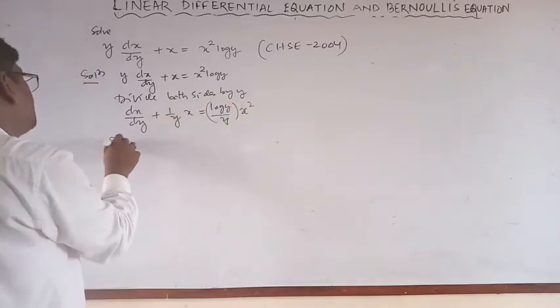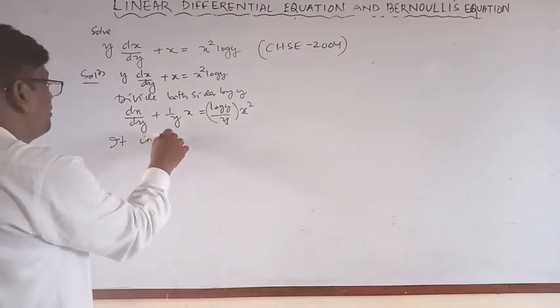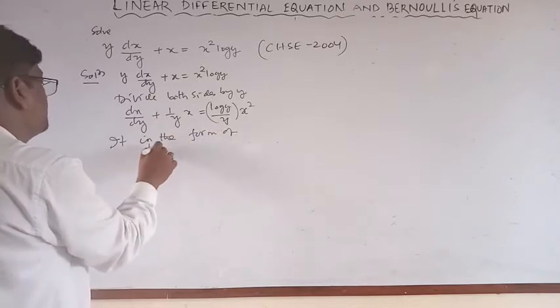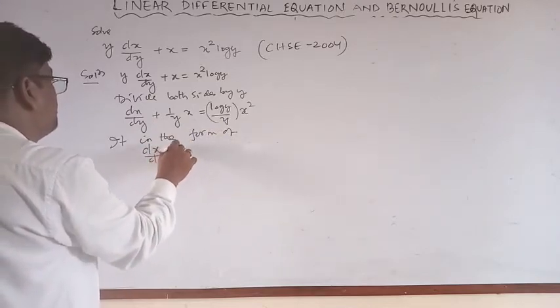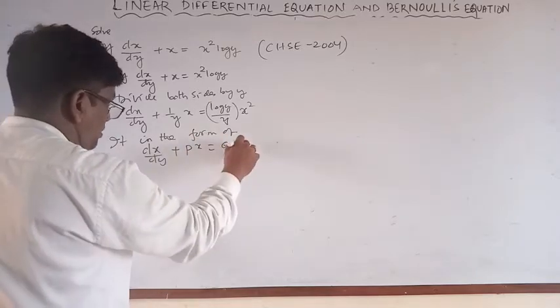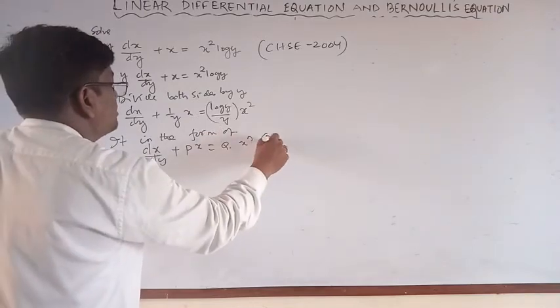It is the second form of the Bernoulli equation, in the form dx/dy + P x = Q x^n. Okay, this is Bernoulli's equation.